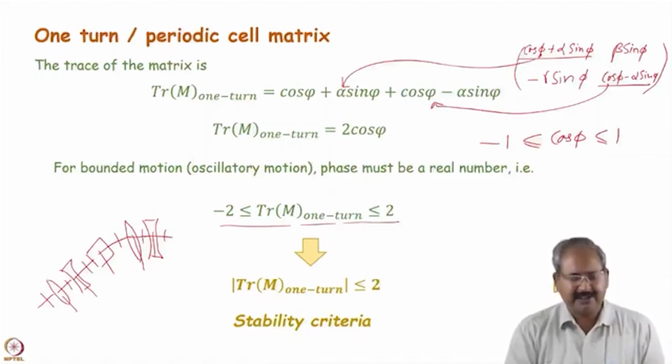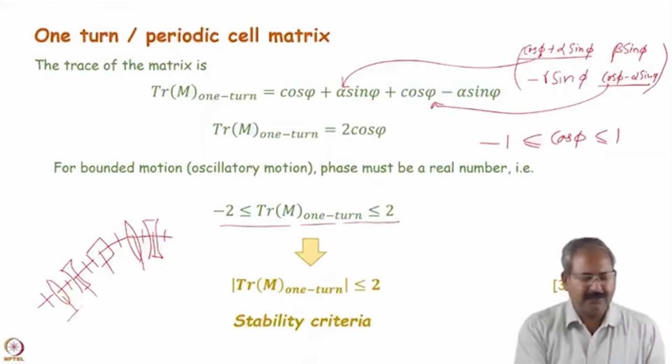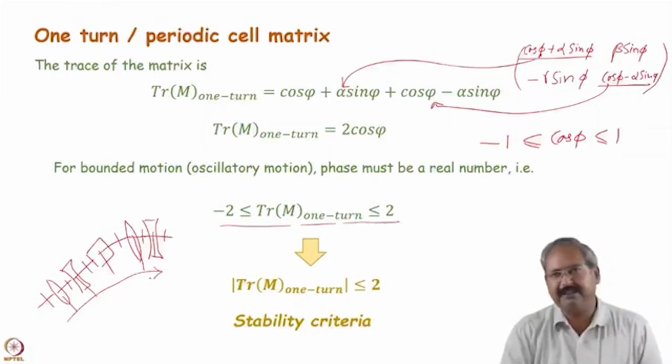And if we find that the trace is greater than 2, means no bounded oscillatory betatron motion is possible in that kind of optics. So we have to change the strength of our magnets so that the trace becomes less than 2.